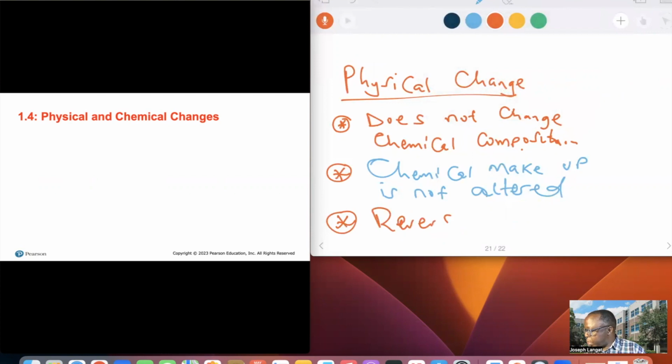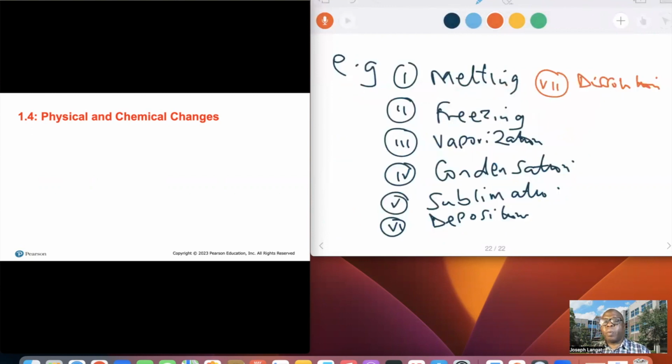That means you can reverse. What I mean by reversible is, for example, dissolving sodium chloride in H2O, you can get back your sodium chloride by evaporation. All right, so it is reversible.